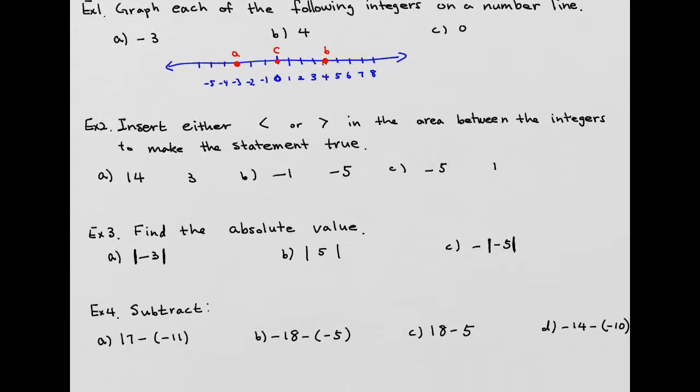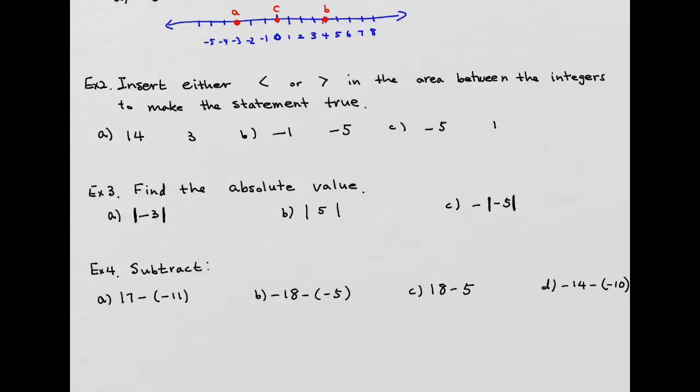The example 2 is asking you to write less than or greater than between these two numbers to make the statement true. So if we have 14 versus 3, obviously we know the bigger number is larger, right? So this is going to be 14 greater than 3. What about if we have -1 and -5? Remember, right side is bigger.